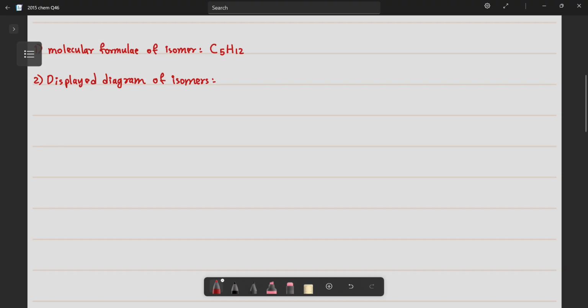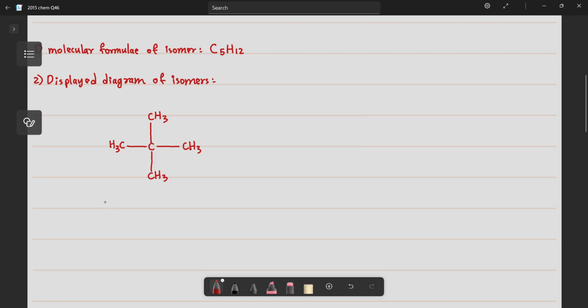So first of all, it's going to be 2,2-dimethyl propane. So the center carbon is completely surrounded by methyl groups on all four sides. So these are all the methyl groups.